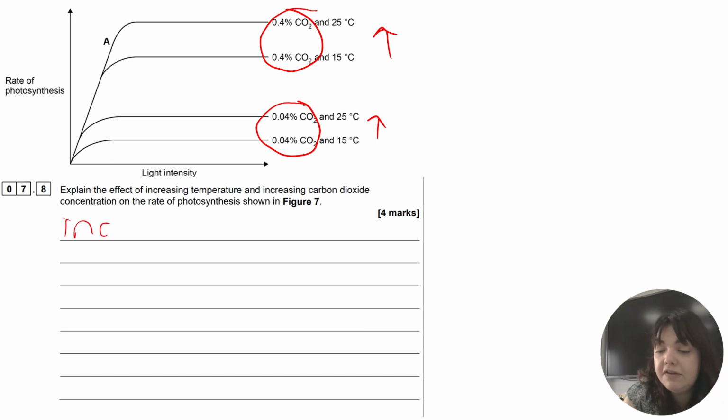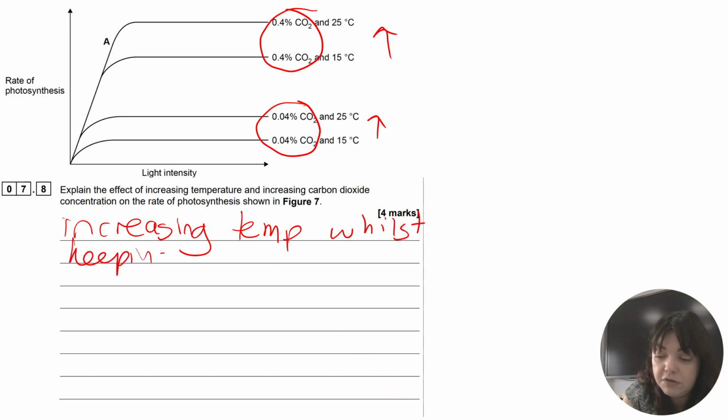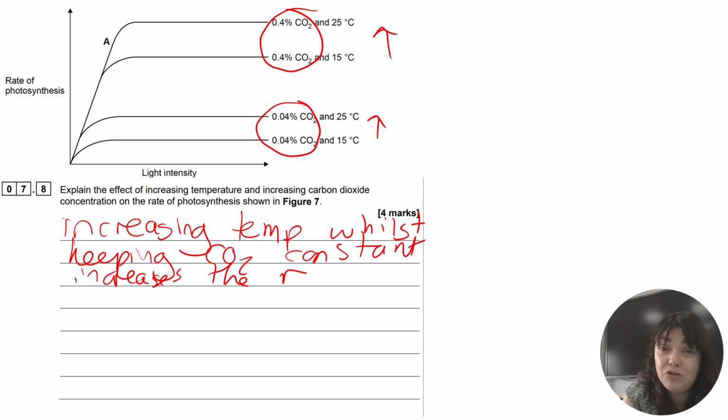So increasing CO2, sorry, not increasing CO2, increasing temperature whilst keeping CO2 constant increases the rate. Now that's just 1 mark.